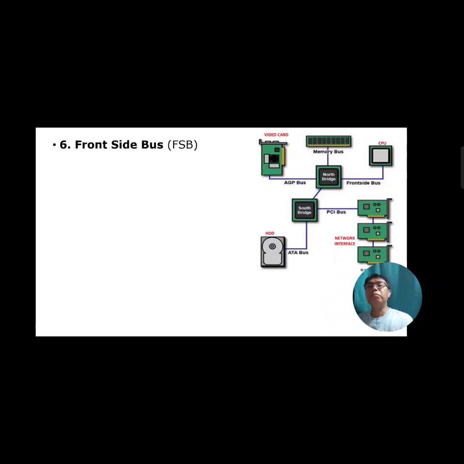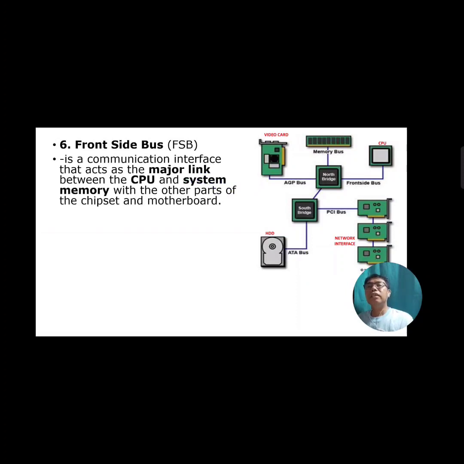Okay, what is the front side bus or FSB? FSB is the communication interface that acts as the major link, take note, major link between the CPU and the system memory with the other parts of the chipset and the motherboard. As you have noticed, to get data from the memory, it uses the memory bus connected to the North Bridge, then the South Bridge going to the HDD.